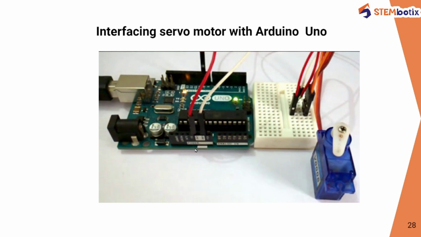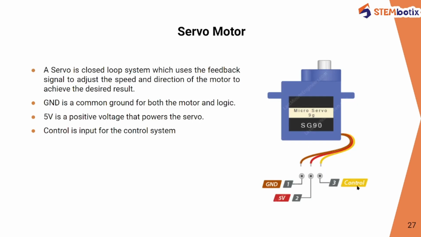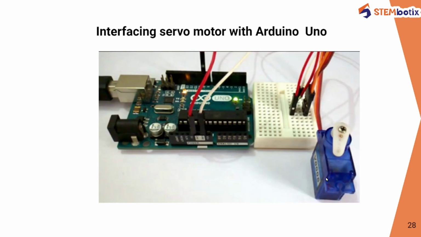After that we have connected the control pin, pin number 3, to the Arduino's PWM pin, because this is going to give us a result which can be read or controlled using PWM pins.